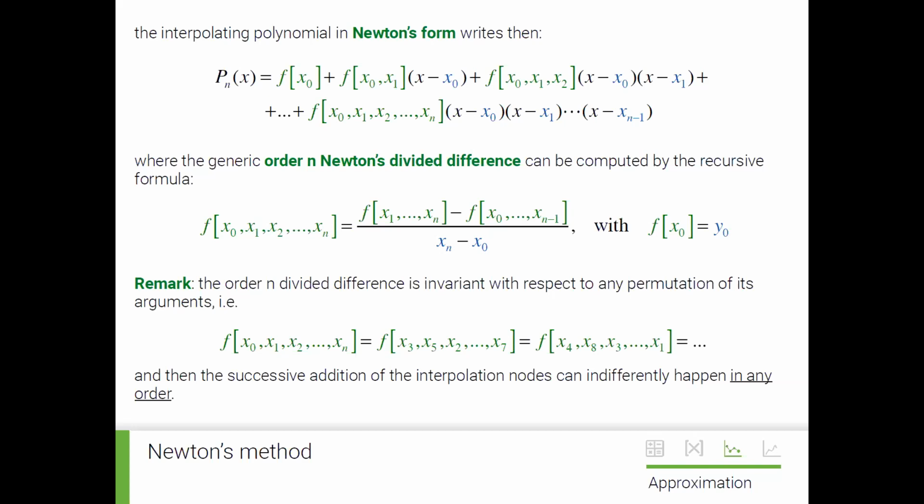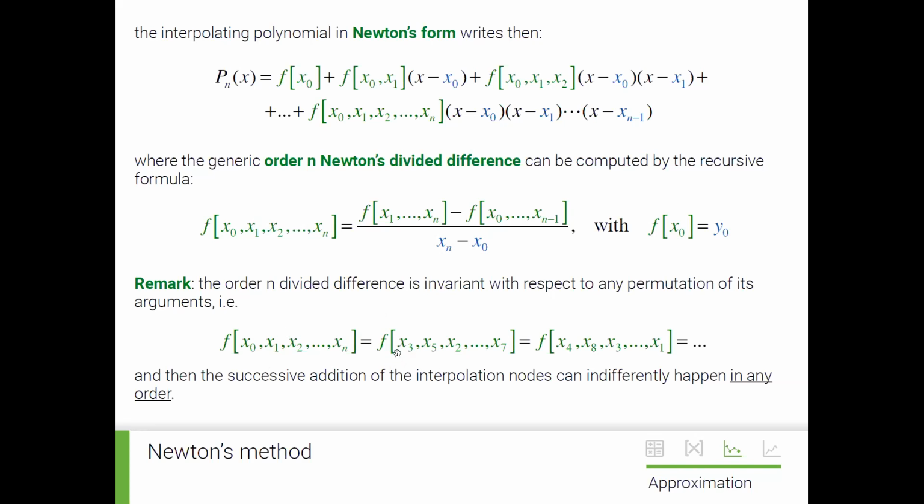Now a remark: the order n divided difference is invariant with respect to any permutation of its arguments. Here we can see the order x0 to xn for Newton's divided difference.